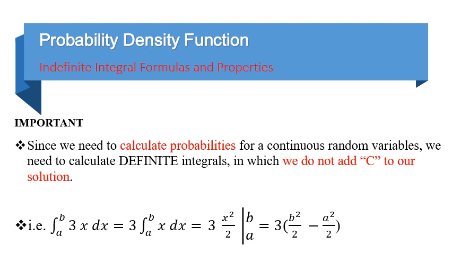We increase the power by 1, it will be x squared over 2. Then we substitute, replacing x by b, minus we substitute x by a. As we see before us, it will be 3 open bracket b squared over 2 minus a squared over 2, and this is our answer. I just gave this example to tell you that in our calculation of probability, you apply the rule, but you do not add up C. There is no C in calculating areas or probabilities. Okay?